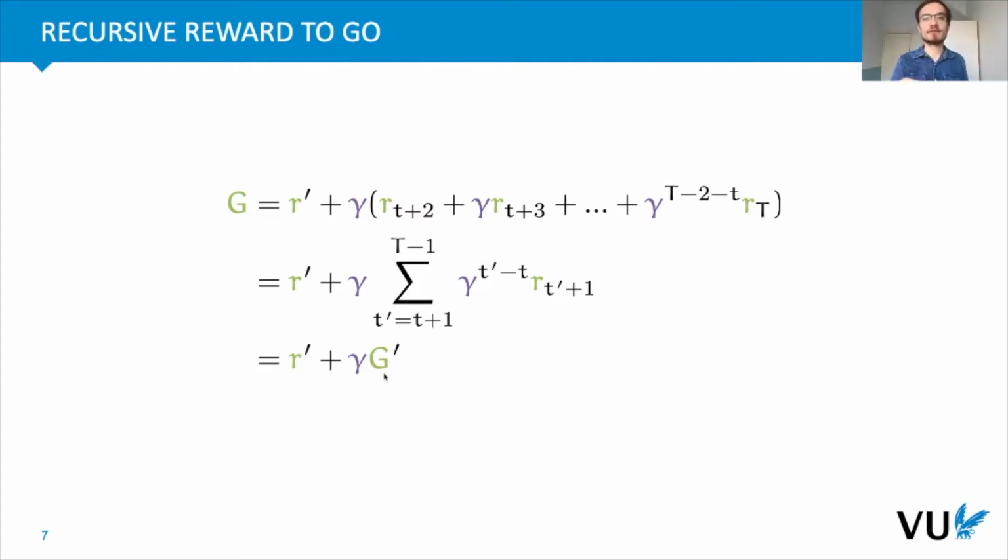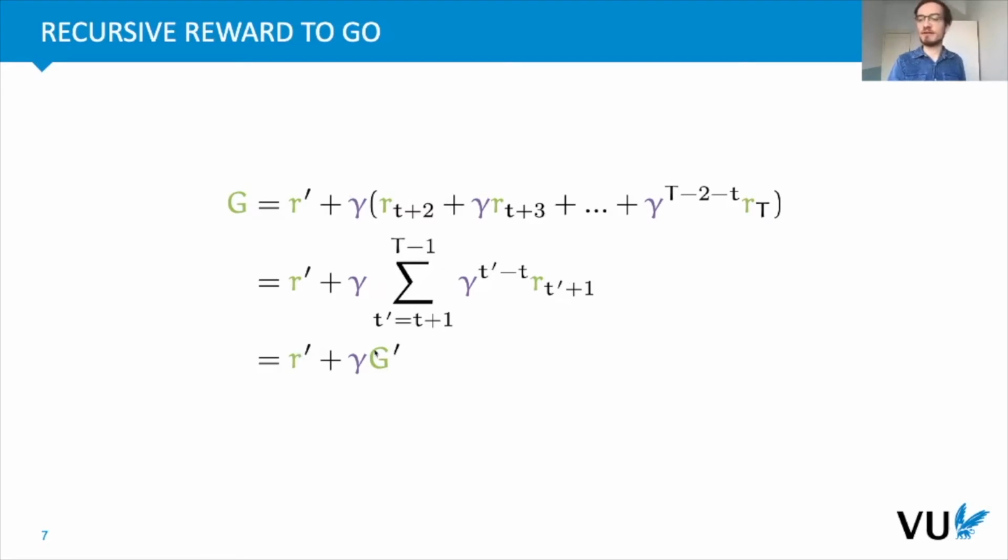So if you can completely follow that, look patiently at the definition of discounted reward to go, then see how you can extract this gamma, rewrite this sum as a simple sum using the sigma notation, and then this is equal to the discounted reward to go one time step later.